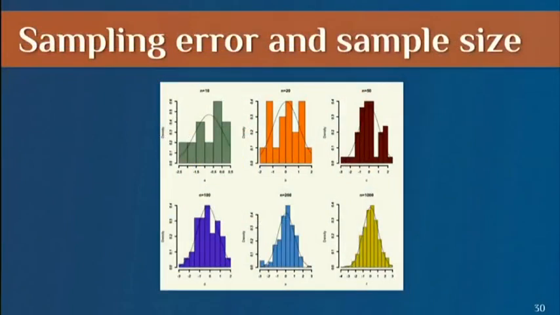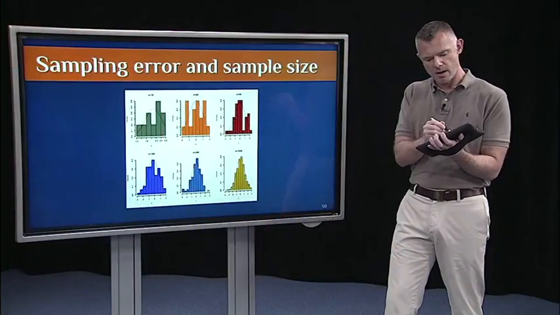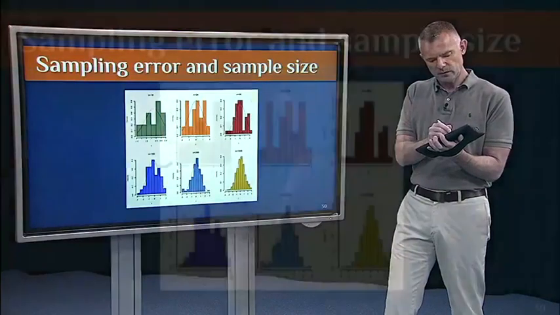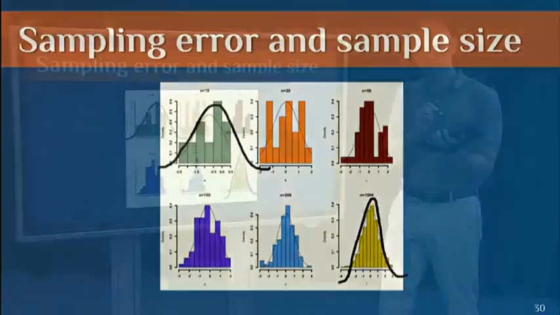And the thing to notice in these different samples, and this is what we covered when we talked about the idea of sampling error and standard error, is this smooth function here, this normal distribution, when sample size is only 10, is much, much wider than the function when we have a really large sample, say 1,000.